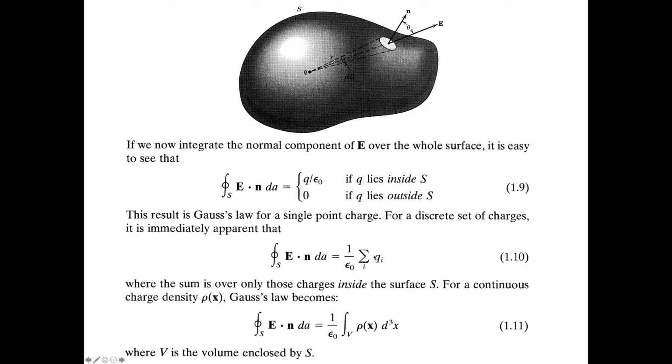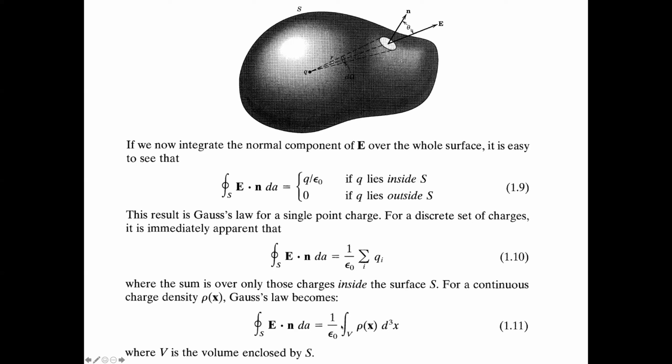And if it's not a point charge, if it's a continuous charge distribution, which can be described by a charge density rho of x, then Gauss' law becomes, on the left, the same, but on the right, we rewrite the sum as an integral.